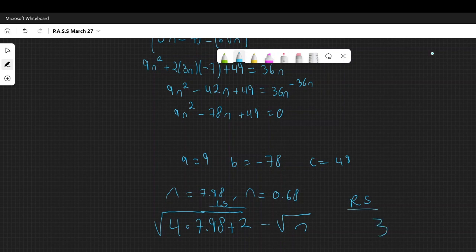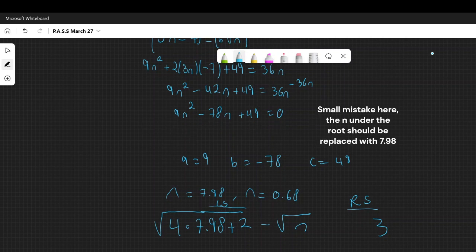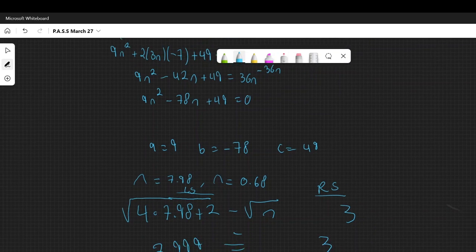So that gives us approximately 2.999, which is approximately equal to 3, or very close to equaling 3.